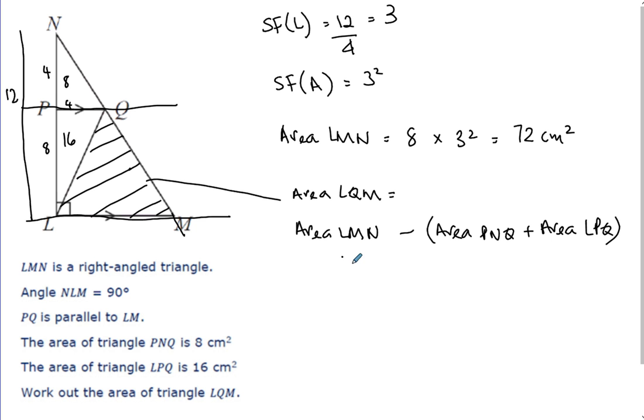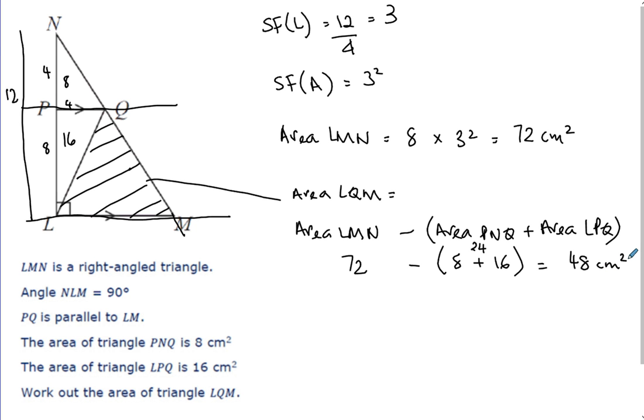So we've got 72 minus the area of PNQ, which is 8, and the area of LPQ, which is 16, so that comes to 24. So 72 minus 24 is 48 centimeters squared.